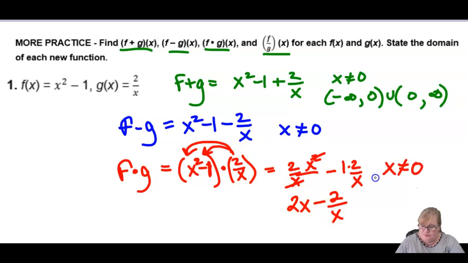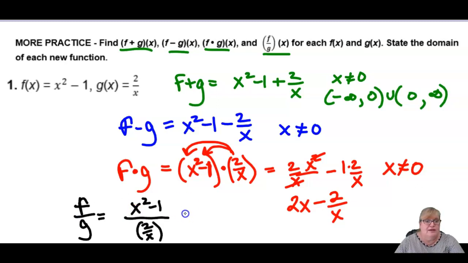That's it. And then the crazy one, we have f divided by g. So f is x squared minus 1, and we are supposed to divide it by 2 over x. Now, I hope you remember just a little bit of fractions. The numerator divided by the denominator.